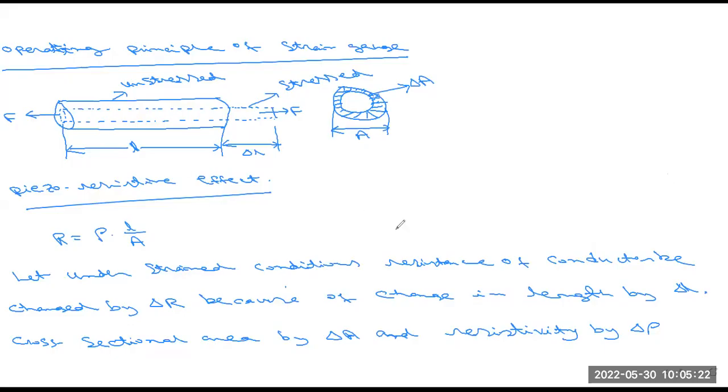Okay, so the resistivity change, this is delta rho, we have to measure. So now you have two changes. So the equations, first of all, we have to write here. Just wait.